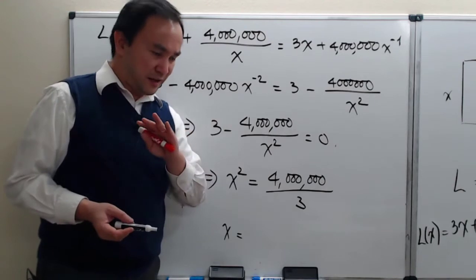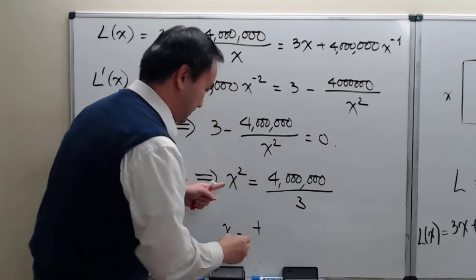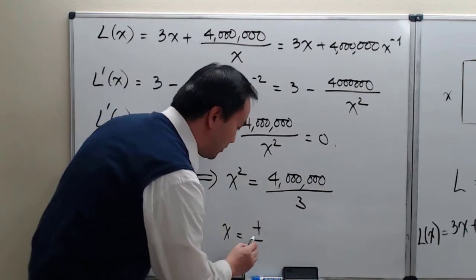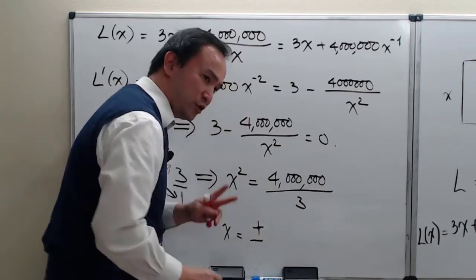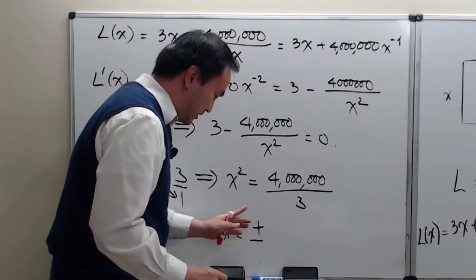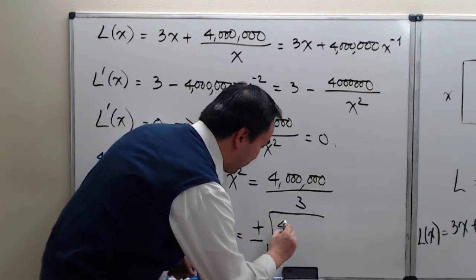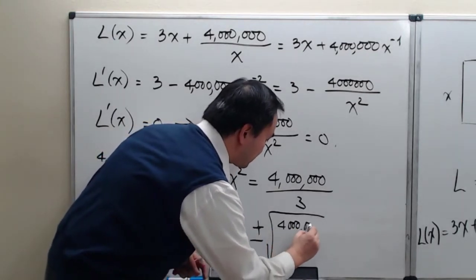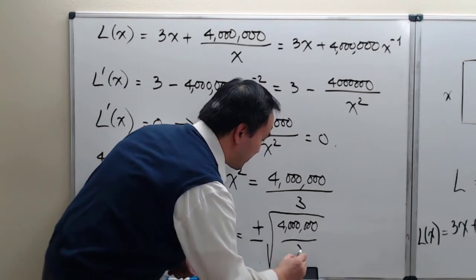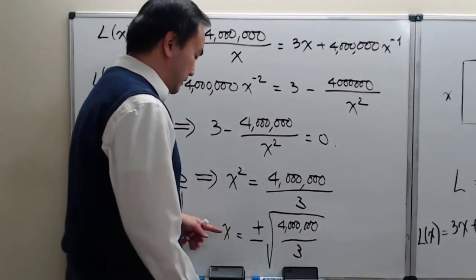Strictly as a mathematical problem, when we take the square root on both sides we always end up with positive and negative square roots, meaning we have two answers: plus or minus the square root of 4 million over 3.